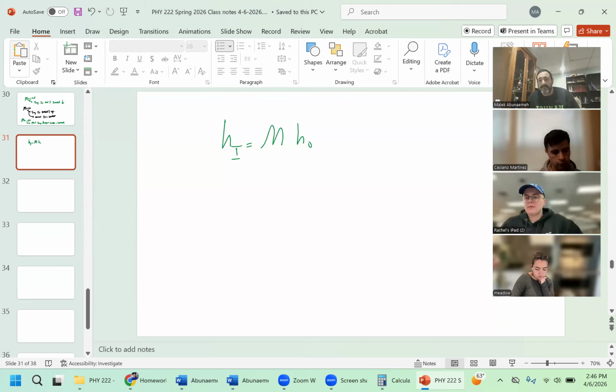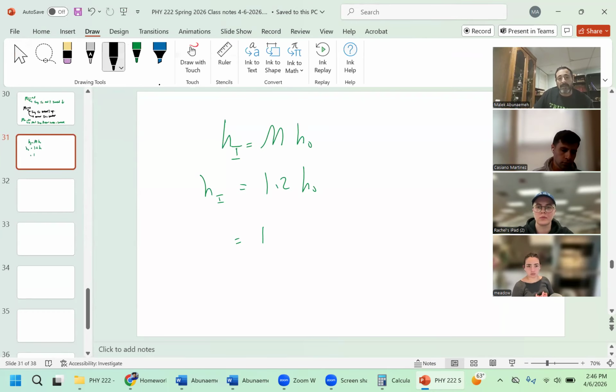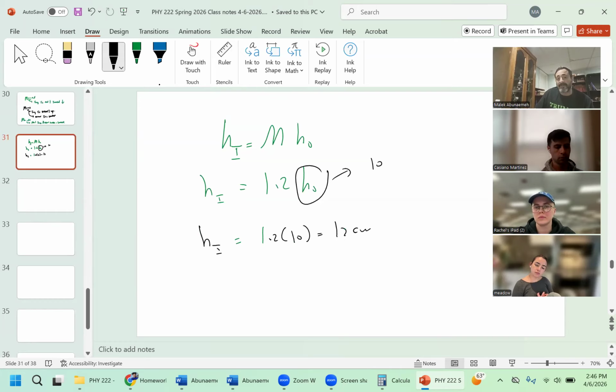You with me so far, Meadow? If M was 1.2, it'd be 1.2 HO. If HO was 10, the height of the image is going to equal 1.2 times 10, which equals 12 centimeters. Does that make sense?